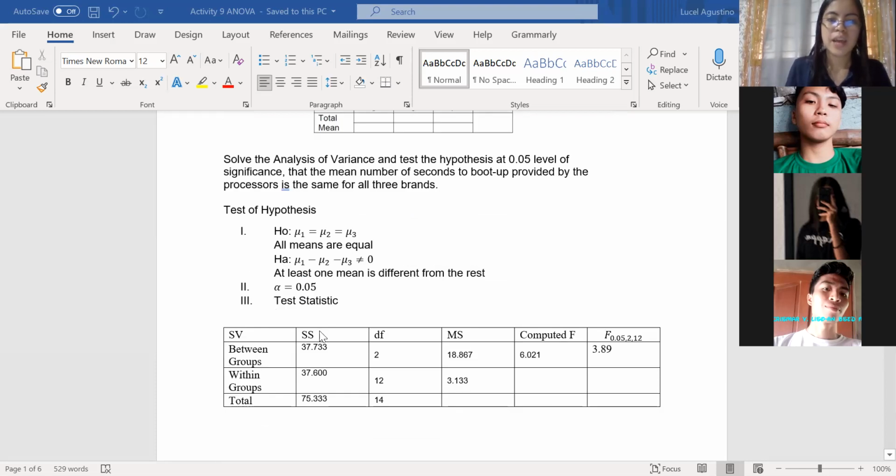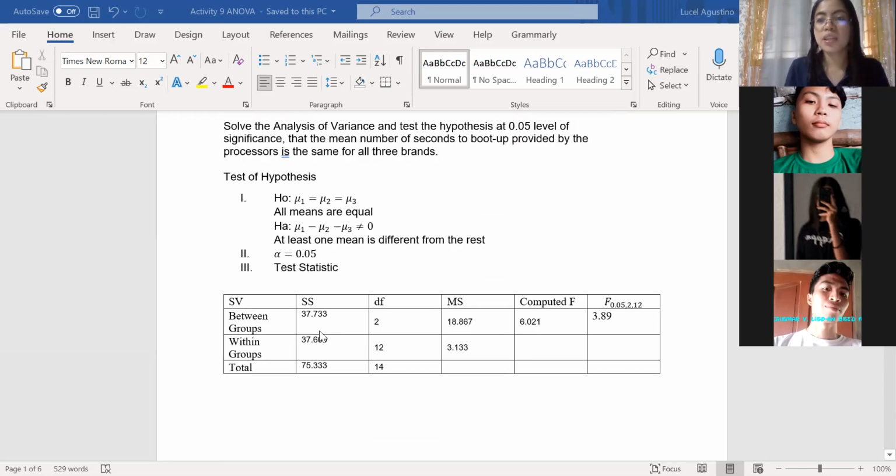Then hypothesis testing, similar to what we did. Step 1, state the mathematical presentation of your null hypothesis: mu1 is equal to mu2 is equal to mu3. Since there are three groups; if you have 5, you continue mu1, mu2, mu3 up to 5. The textual presentation of the null hypothesis is: all means are equal, or there is no significant difference on the means.